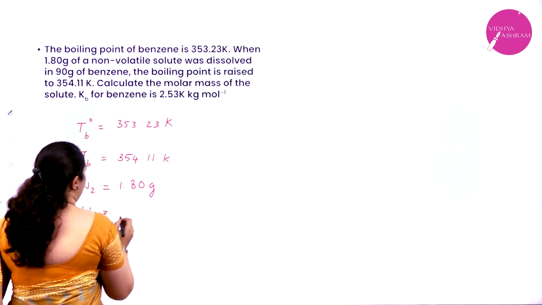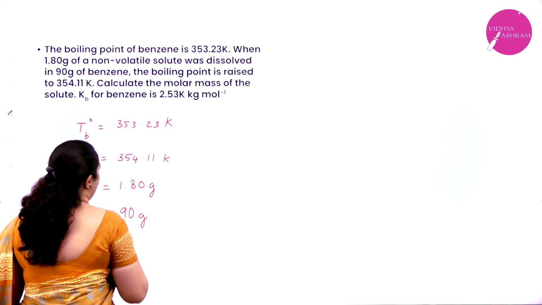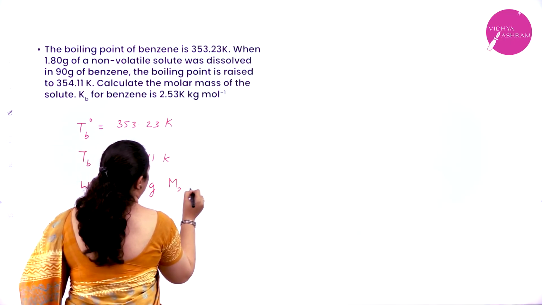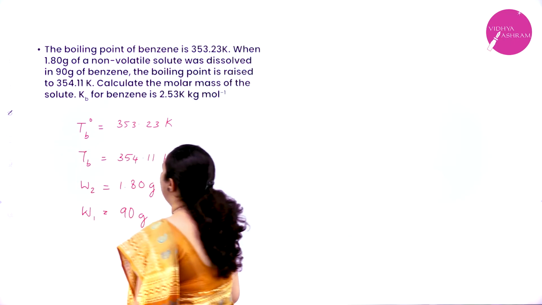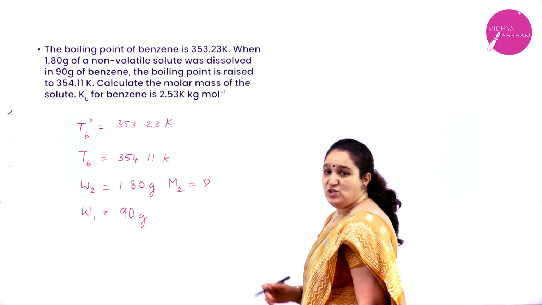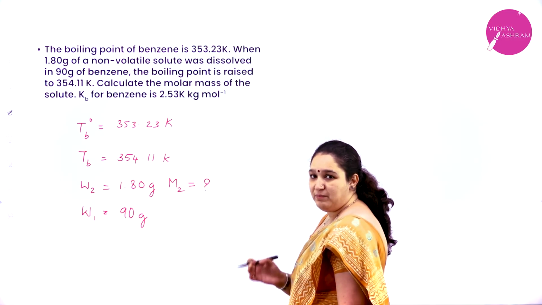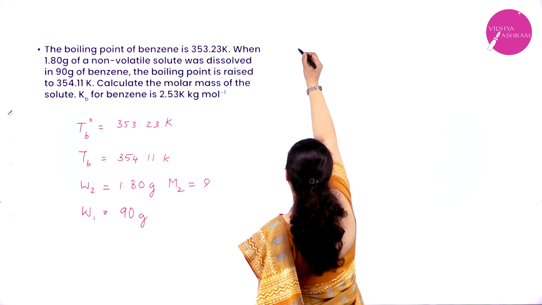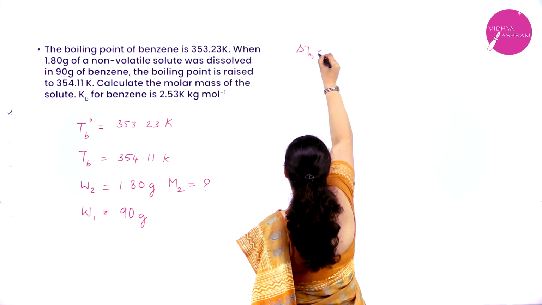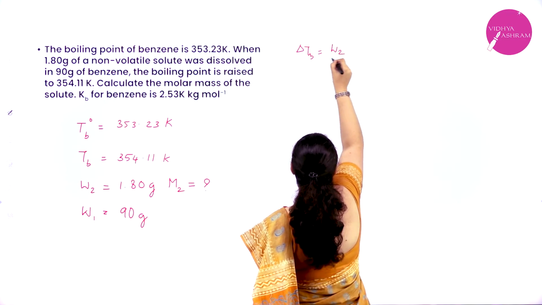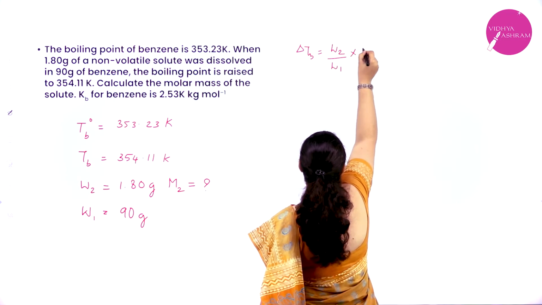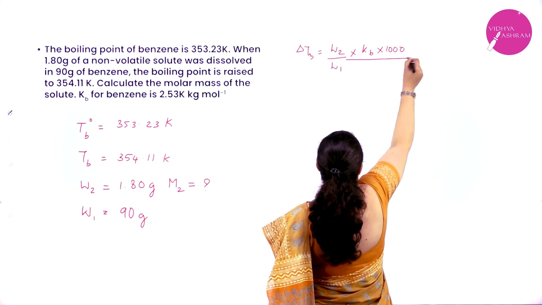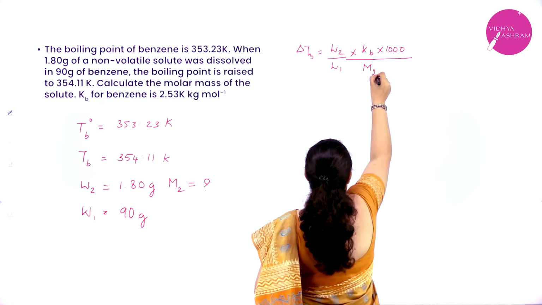Mass of benzene where it is dissolved is also given, it is 90 grams. So we are supposed to find out M2, the molecular mass of the solute. It's the same formula, but we have to rearrange it. It is given as delta TB is equal to W2 by W1 into Kb into 1000 divided by M2.